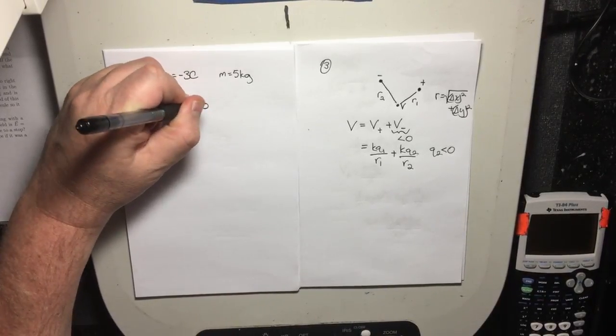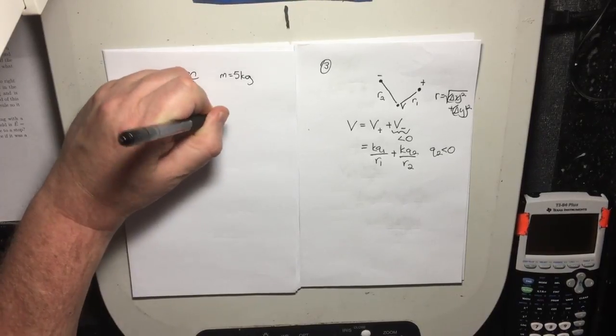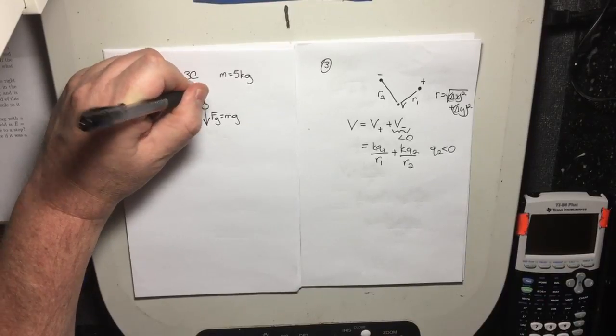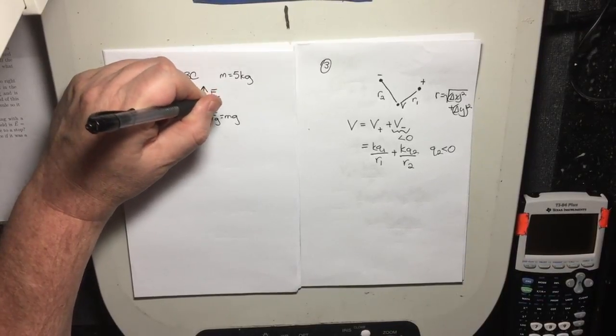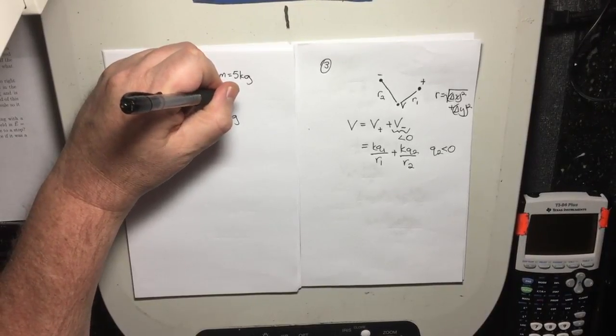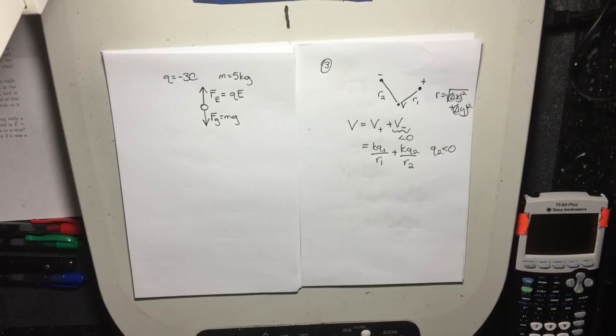So here's the kitten. It has a force downward due to gravity of mg. So it must have a force related to the E field, which is Q times E, that should be pointed up.